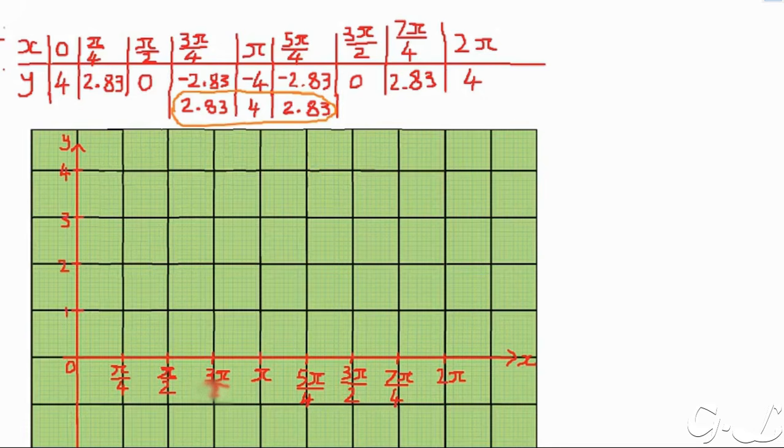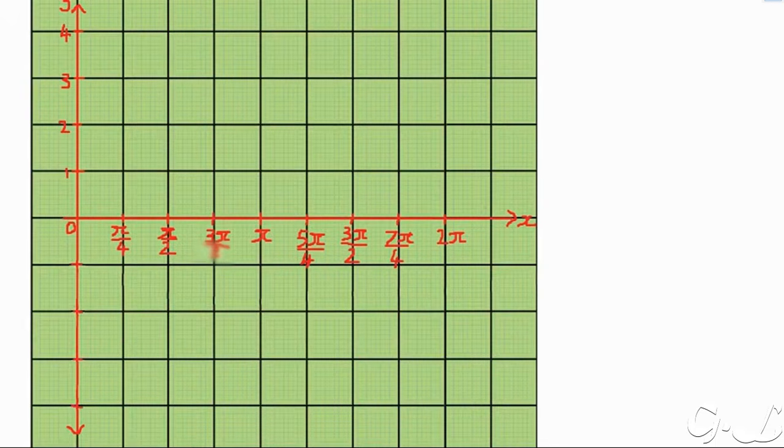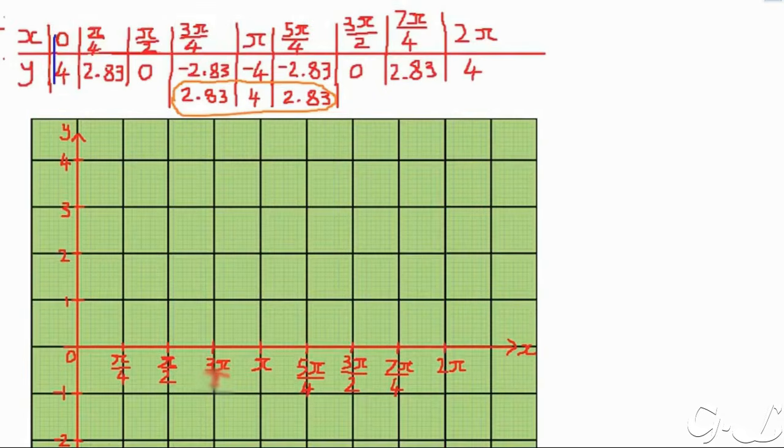It will be 1, 2, 3, 4, and then here negative 1, 2, 3, 4, like that. Let's now start to plot. We have 0, 4. Where it is 0, 4, it is that point there, that blue point.